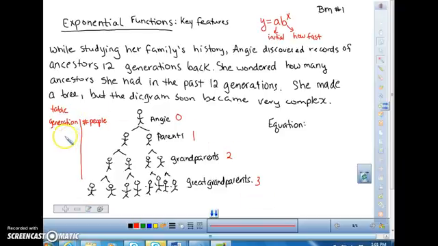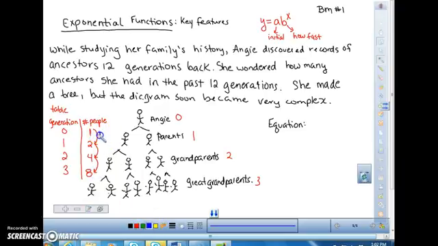So we look at the table. At generation 0, we just have Angie. And then the first generation, there's 2. The second generation, there are 1, 2, 3, 4 people. The third generation, 1, 2, 3, 4, 5, 6, 7, 8. And so what you notice, hopefully, is that as the generations go up by 1, to go from one number to the next is a multiplication.